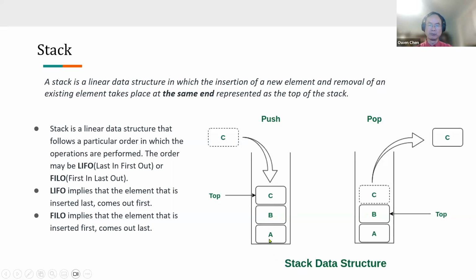You cannot reach anything below it if there is an item on top. You have to remove everything on top in order to reach the one below. Right. So a stack is only one way in and one way out.